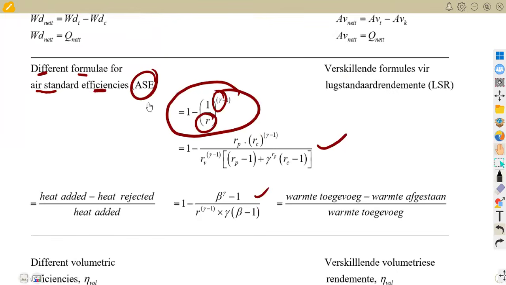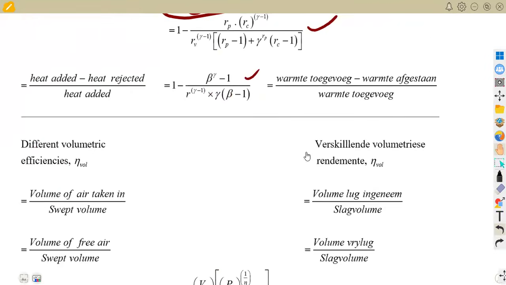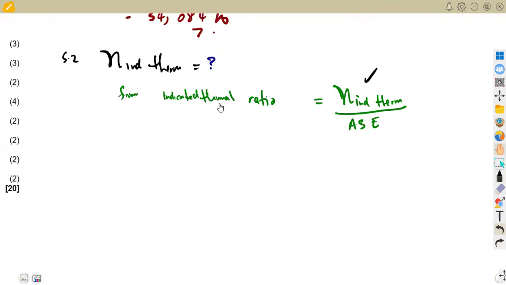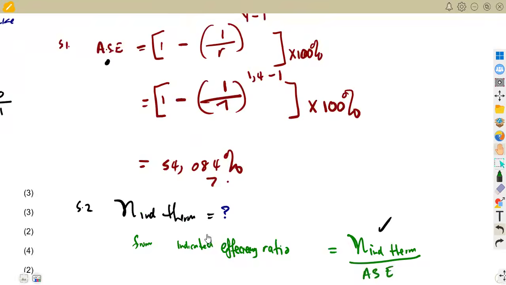There was the previous one, no problem. I think I wrote it down here. From the indicated thermal ratio, so let us just have it as efficiency ratio properly here. We have that percentage, which is 55%, if you still remember.